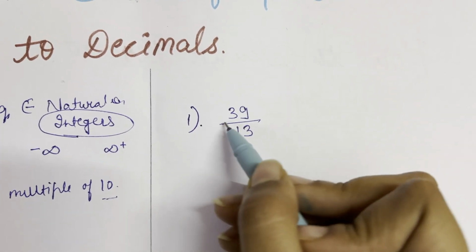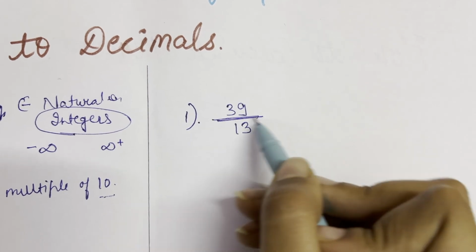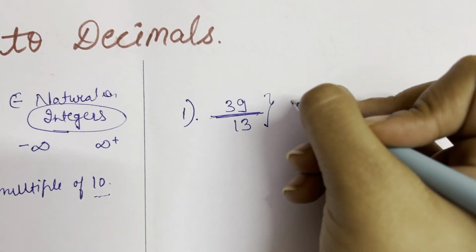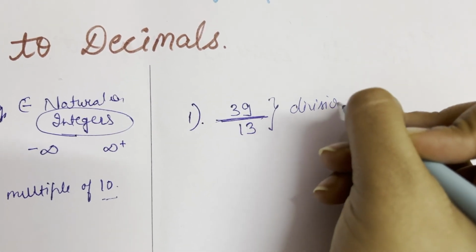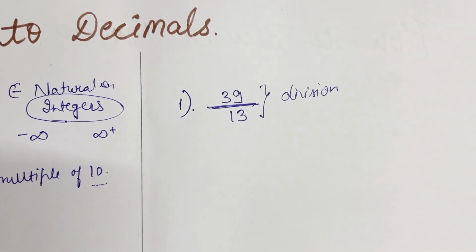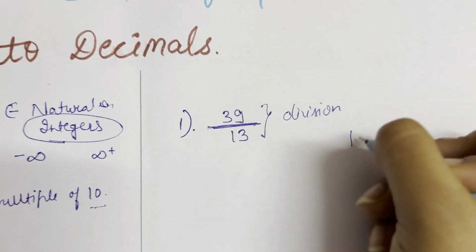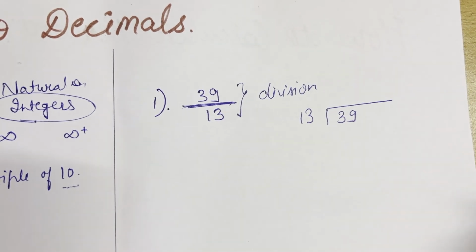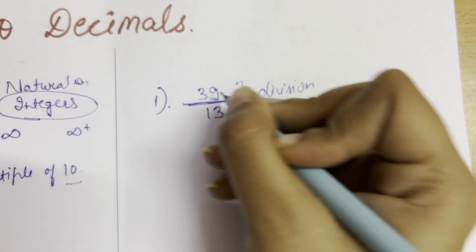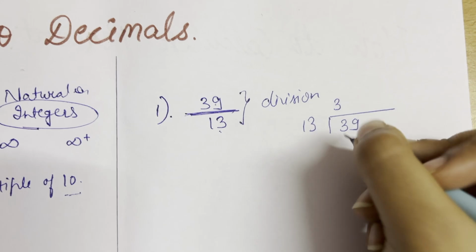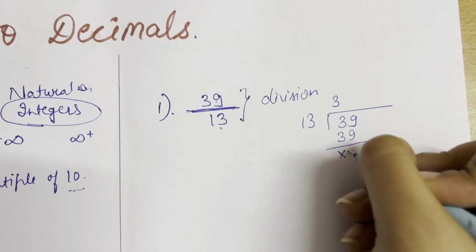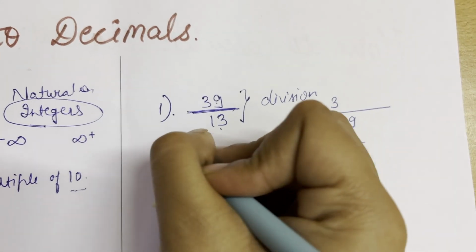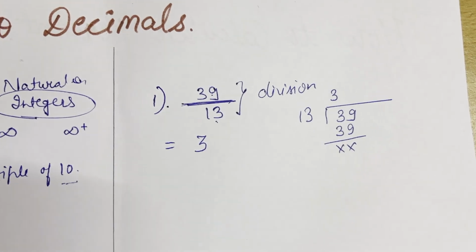What this fraction means is that these two numbers are in division of one another. What I'll do, I'll take the long division and divide 39 by 13. That is divisible 3 times. Completely divisible. Now my answer for this fraction will be 3.